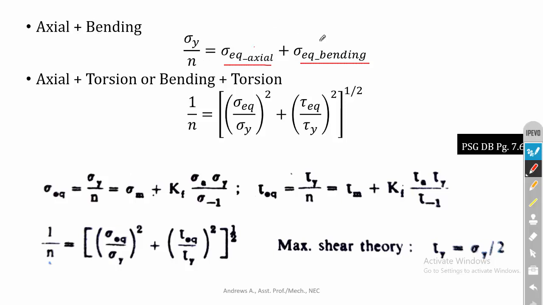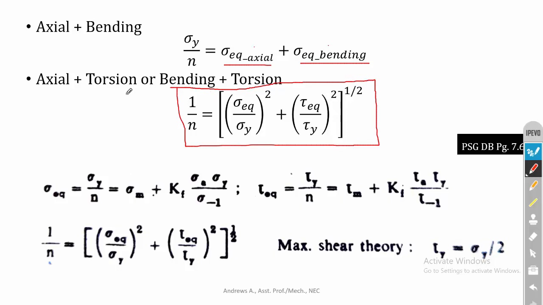So just like the combined stress problem, in the case of axial and bending we have to add it to find the diameter. In the case of axial plus torsion or bending plus torsion, this is the equation to find the diameter. So 1 by n is equal to sigma equivalent divided by sigma y the whole square plus tau equivalent divided by tau y the whole square, the whole power 1 by 2.